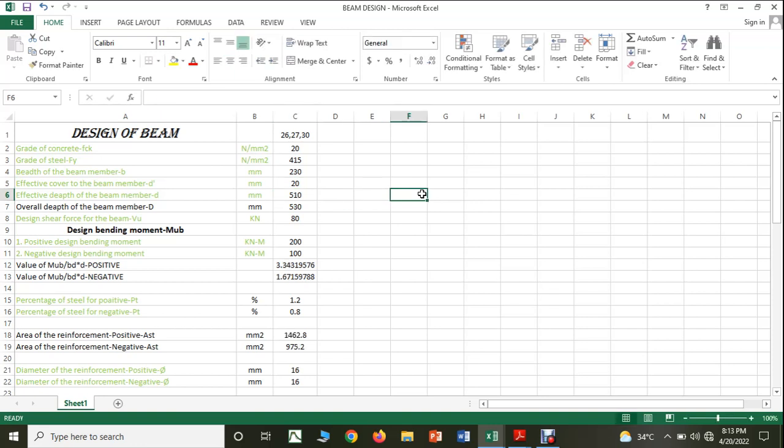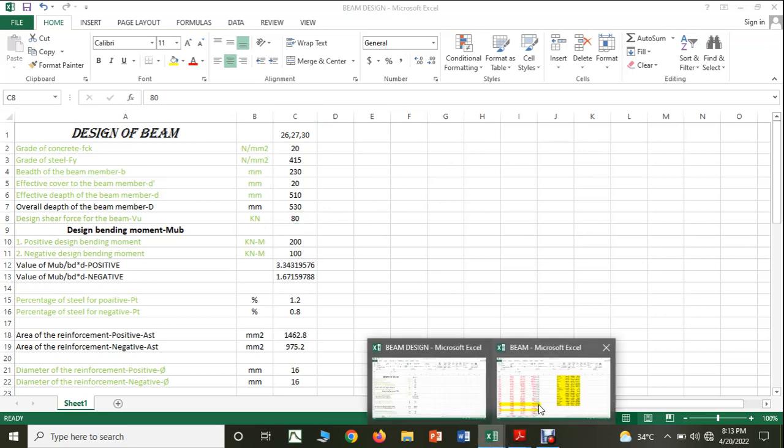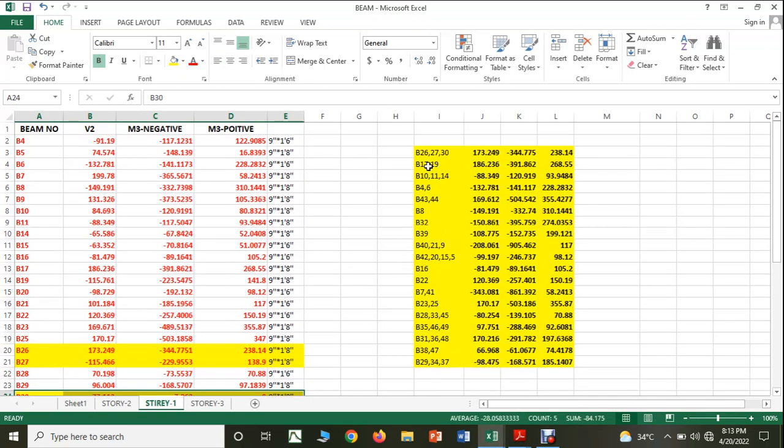So the overall depth of the beam will be 530 mm. Now according to this table, this is the M3 negative, that is the negative bending moment, and M3 positive, that is the positive bending moment, and the last one will be shear.